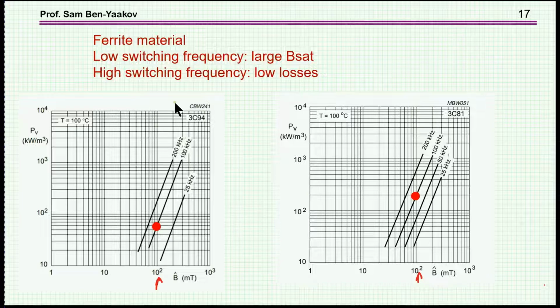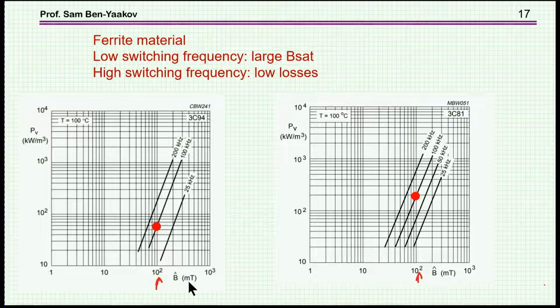This material, which is a high frequency material, for the same delta B, I find that for 100 kilohertz we have much lower losses. It's only about 60 milliwatt per centimeter cube. So it's more than a factor of 2.